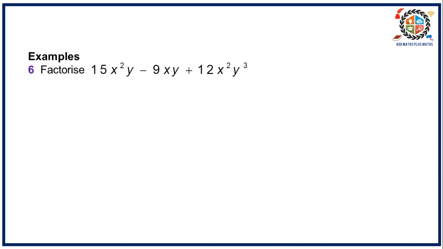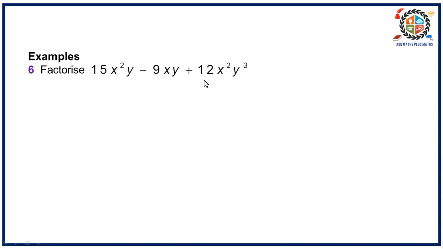And also, I have y in each of the terms, so I will only consider 1y as the common monomial factor. But you will notice again that there are numerical coefficients in each of the terms. So I have 15, 9, and 12. What is the number that I can divide to 15, 9, and 12? I can divide all these numbers by 3.